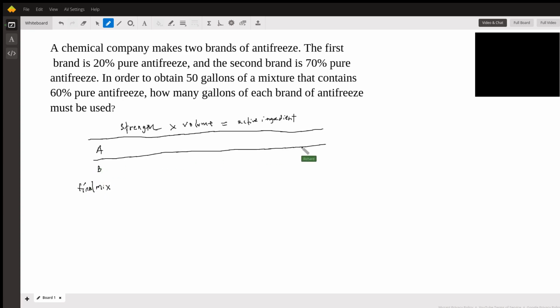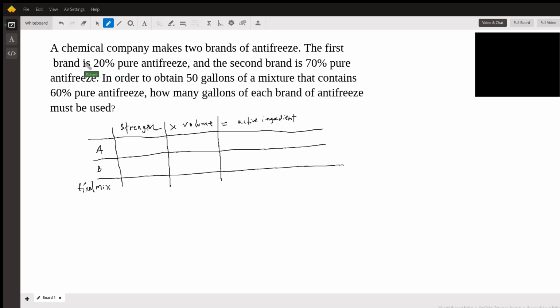Once we have the shell here, we can just read the problem and keep reading it until you've captured everything from the problem that can go into the table.